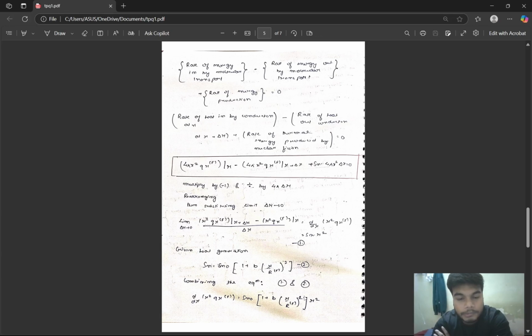Now given heat generation is S_n equals S_n0 into 1 plus b into r upon capital R_F, the whole squared. Now we will combine equation 1 and 2.